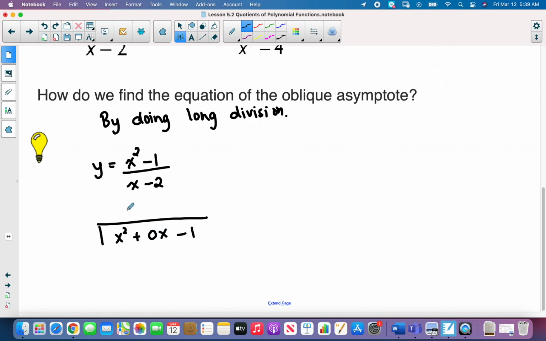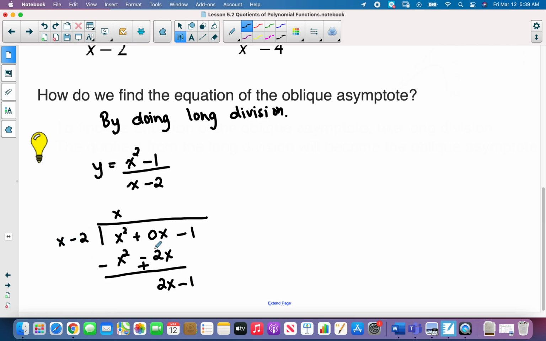It's 0x, and divide that by x minus 2. So x will be multiplied with x. So you get x squared. X times x is x squared. X times negative 2 is negative 2x. And then you subtract. So this becomes minus, this becomes plus. 0 plus 2x is 2x. Bring down the negative 1.